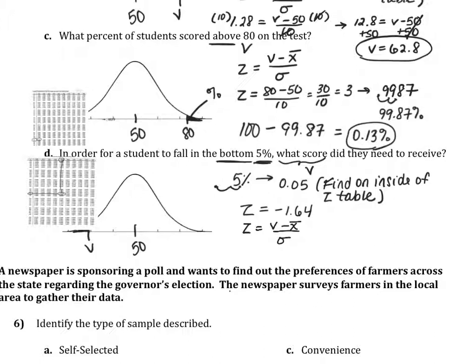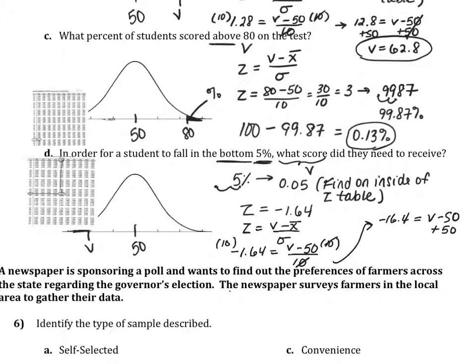Plug the things in that we know. Z is negative 1.64. We're trying to figure out our score, so that's our number of interest, minus 50 over 10. Multiply both sides by 10. This is going to take us to 10 times negative 1.64 is negative 16.4 is equal to V minus 50.